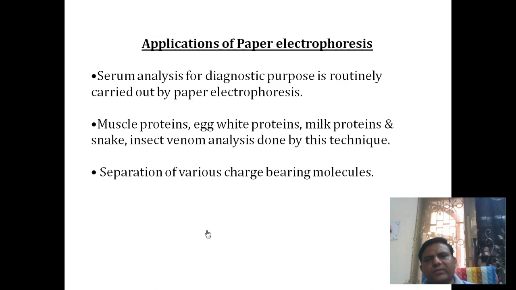Such serum analysis is carried out by using paper electrophoresis. Second, muscle protein, egg white protein, milk protein and snake and insect venoms can also be analyzed and separated by using paper electrophoresis. Paper electrophoresis is also used to separate various types of charge bearing molecules.